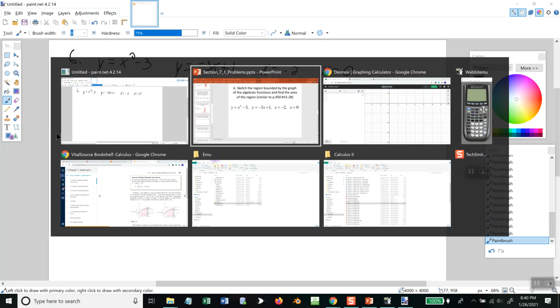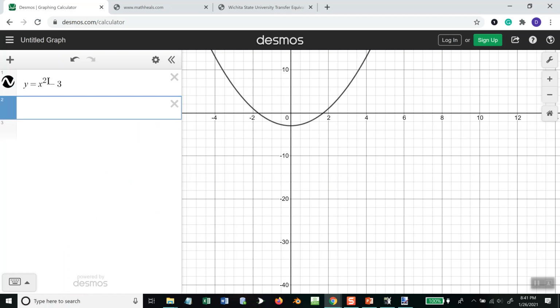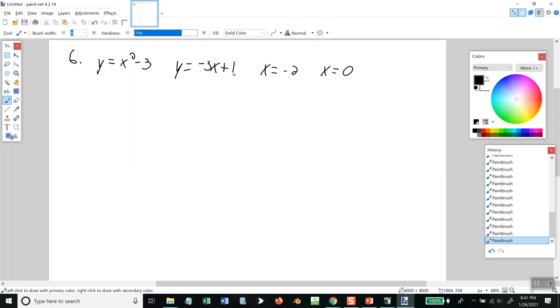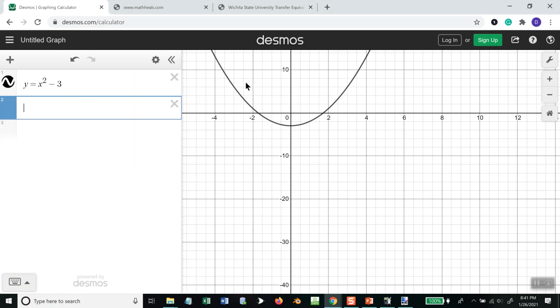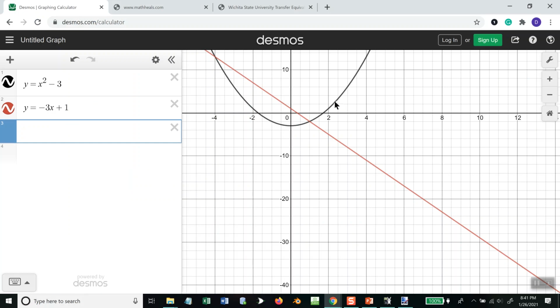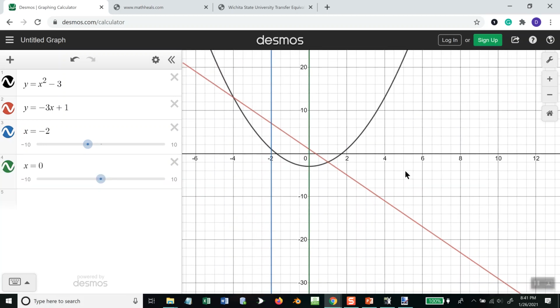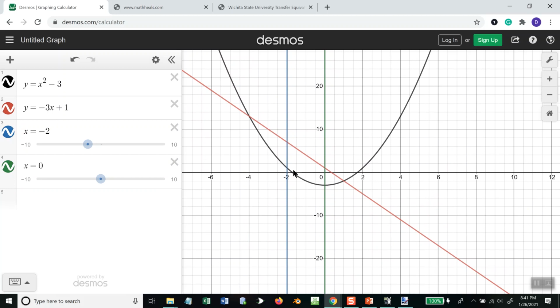So y equals x squared minus 3. y equals negative 3x plus 1. x equals negative 2. x equals 0.